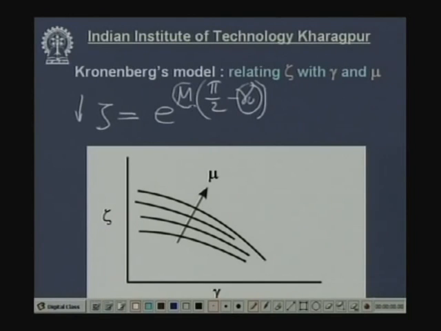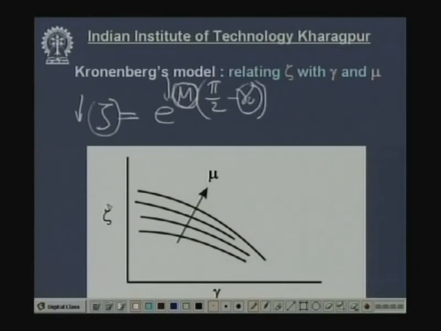Then mu, the coefficient of friction at the chip tool interface, in between the chip and the tool. If that is high, then zeta will be large, and if zeta is large, that is undesirable. If mu is less, then zeta will decrease, that is desirable. Now, how can the friction be reduced? By lubrication process, or by taking that kind of tool where the friction is less.